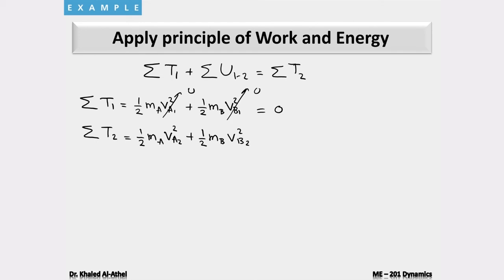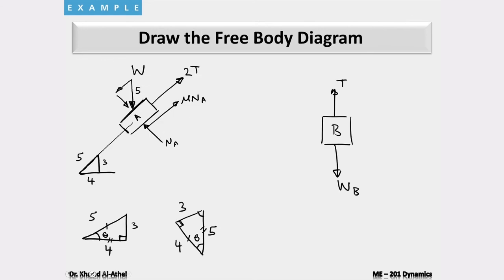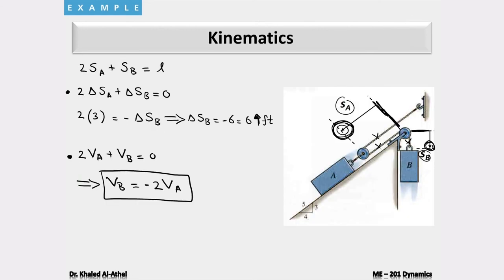Okay, now I already have one relation that VB equals minus 2 VA. So therefore VB square will equal 4 VA square, right? So that's basically what we have in here.